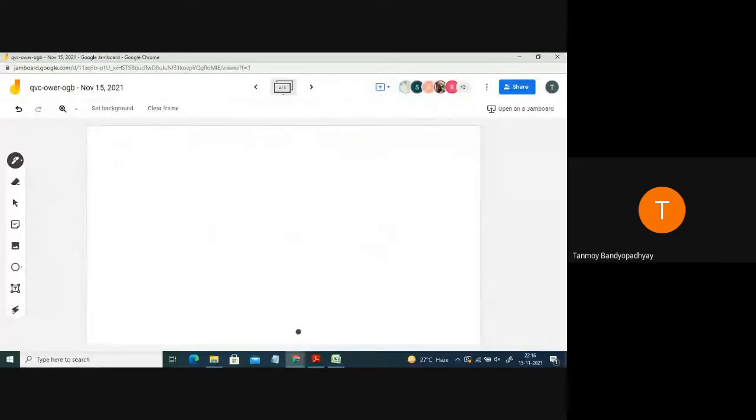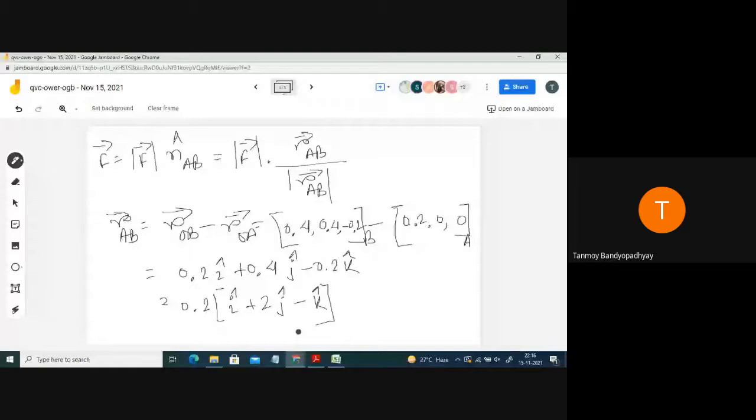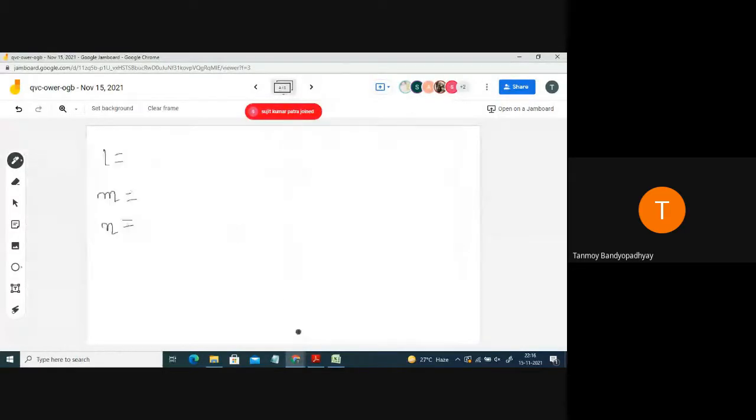I did this a little differently, just for the sake of change. I calculated L, M and N. So what will be L? L will be 0.2 divided by the magnitude, which you have to calculate from the entire thing.